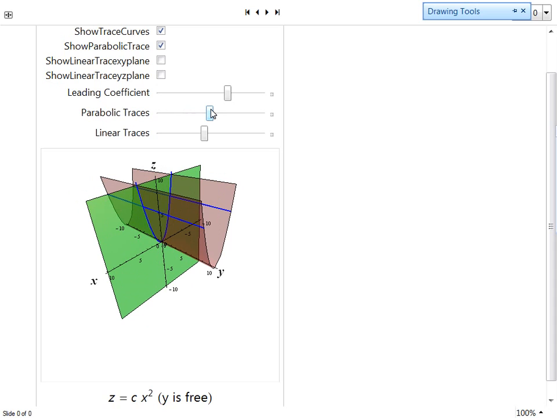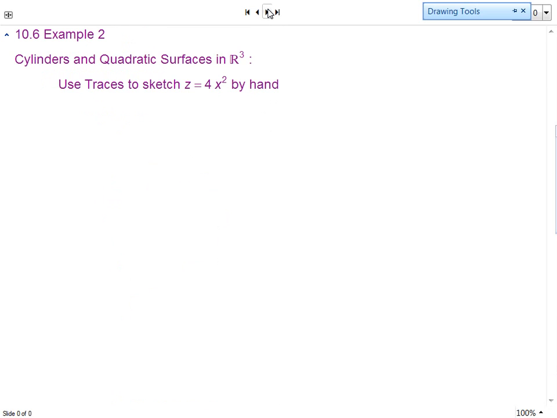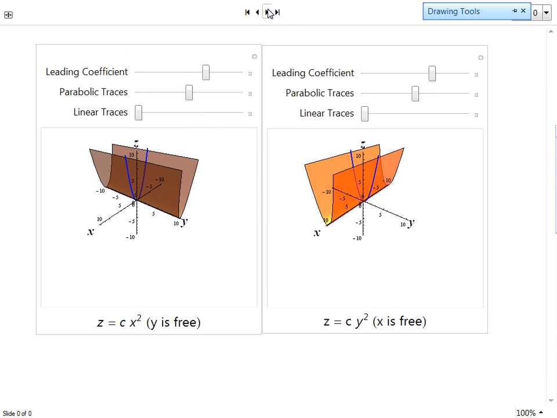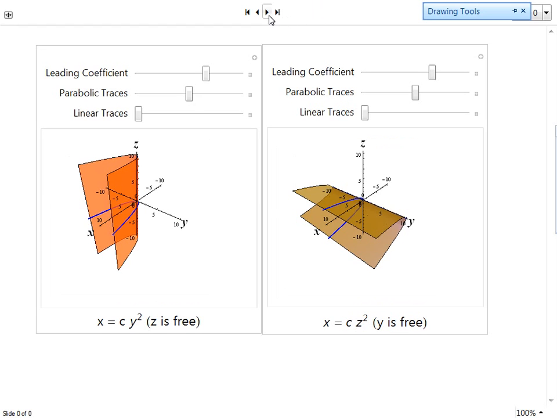Okay. Now what happens if, well, I'm not going to do it by hand. What happens if I take that equation, z equals c x squared, where y was free, it came down the y-axis. If I change it up and I do z equals y squared and let my x be free, it comes down the x-axis. And then, of course, if I do it the other way, it'll go up and down the z-axis.